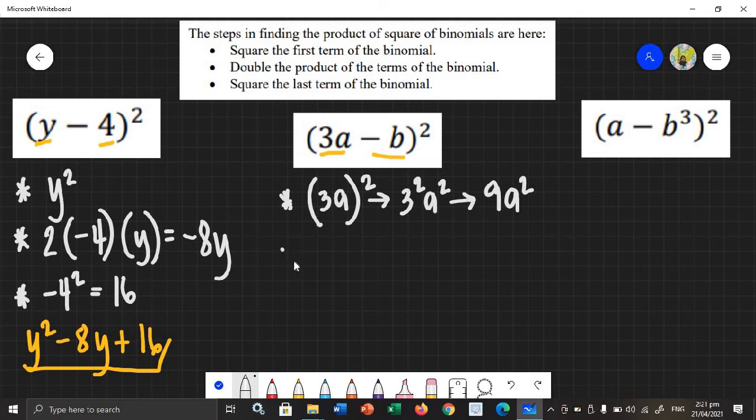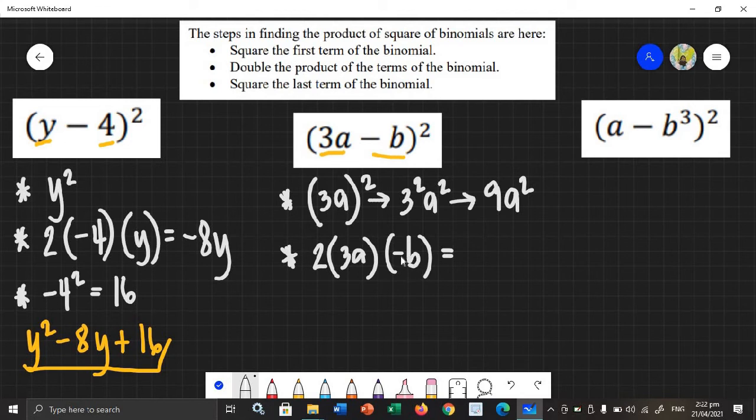We have 9a squared. The second step, we need to double the product of the terms. So we have 2 times natin kay 3a and a negative b. And it will result to 2 times 3 times negative 1. So, kung napapansin nyo, walang numerical coefficient si negative b.